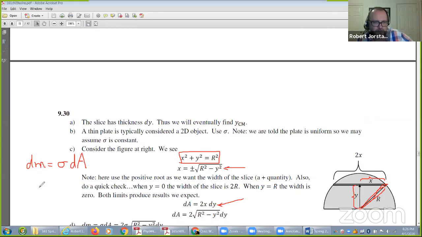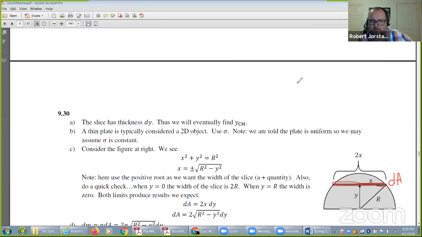Here, I have a small amount of mass and I have a small amount of area. What does dA represent? dA represents this thing right here. It's the tiny area. d means differential or tiny amount.